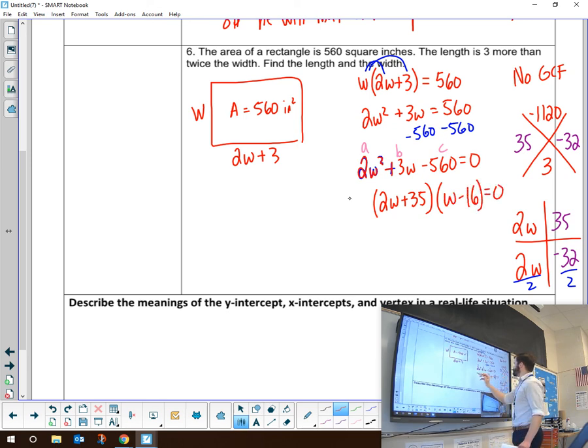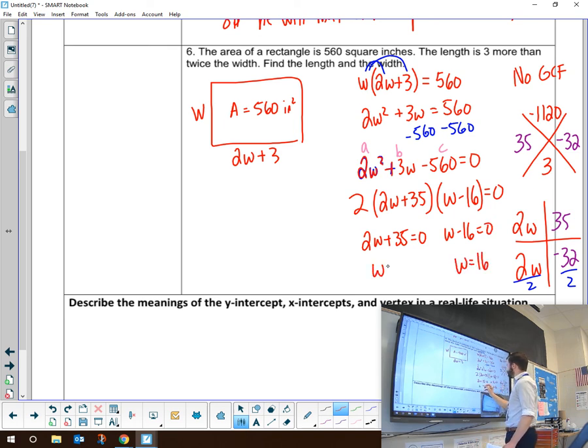Remember, this is all just like we did earlier. Then we're going to set my two factors equal to 0, and I'm going to solve. So I'm going to go 2w plus 35 equals 0, and w minus 16 equals 0. So we get w equals 16, and w equals negative 35 over 2.